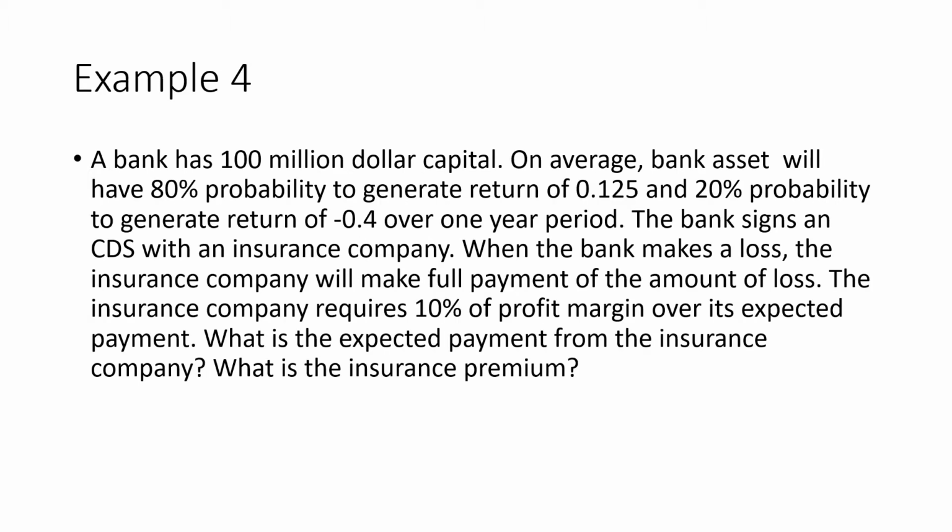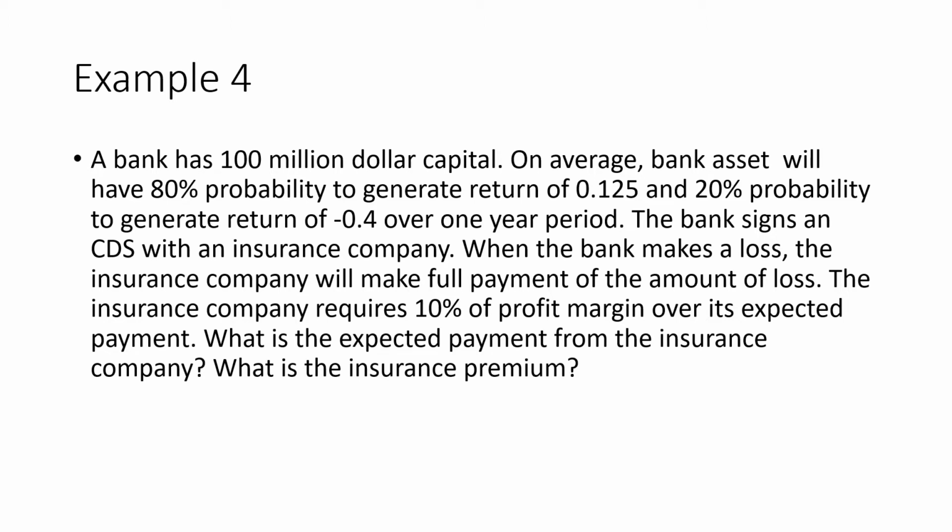Example 4. A bank has $100 million capital. On average, bank assets will have 80% probability to generate a return of 0.125 and 20% probability to generate a return of negative 0.4 over 1 year period.